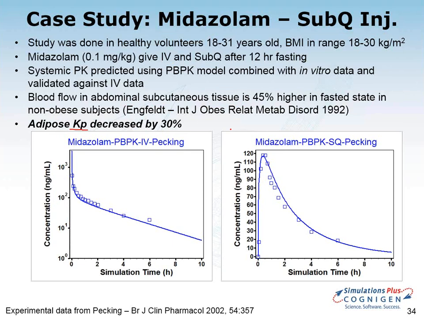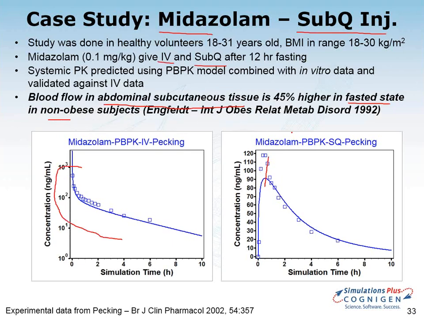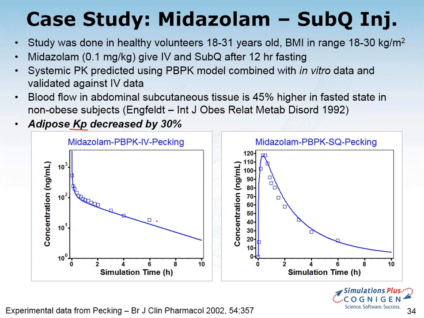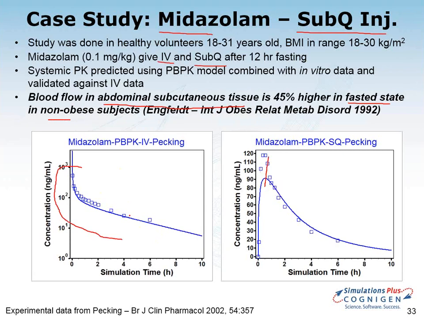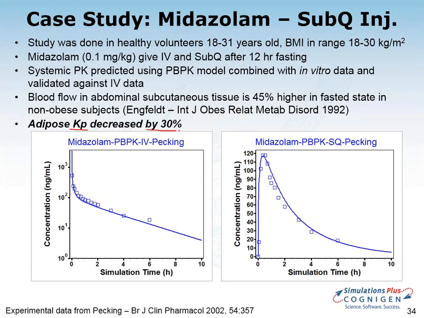And this was just to point out that the IV dose has not changed a whole lot by changing this Kp. So when administering IV, that application was not as sensitive to the adipose Kp, but when starting from the adipose, it does become more sensitive to that partition coefficient.